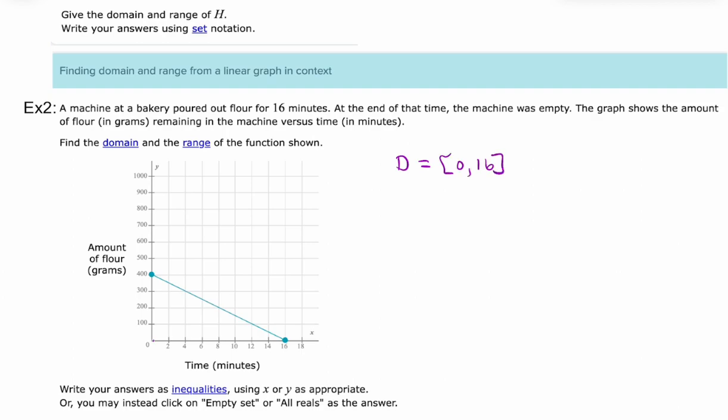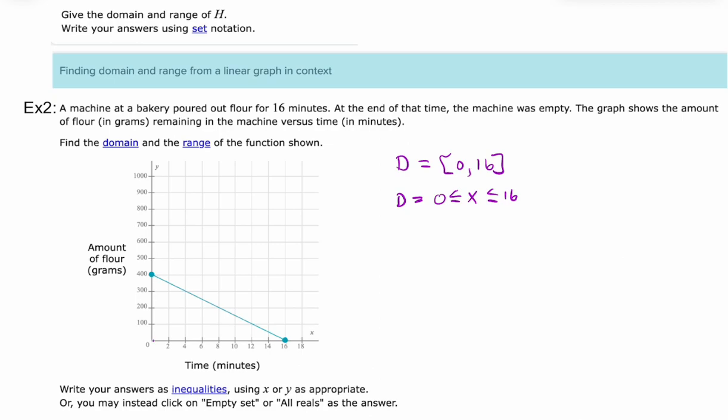Now, when you're a x value stuck somewhere between 0 and 16, the inequality is you just say x is greater than or equal to 0, but less than or equal to 16. So if they want the inequality, that's what you're going to write there, okay?